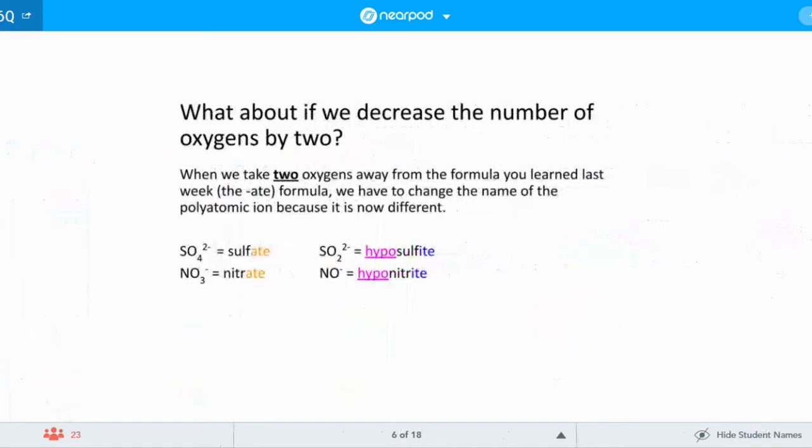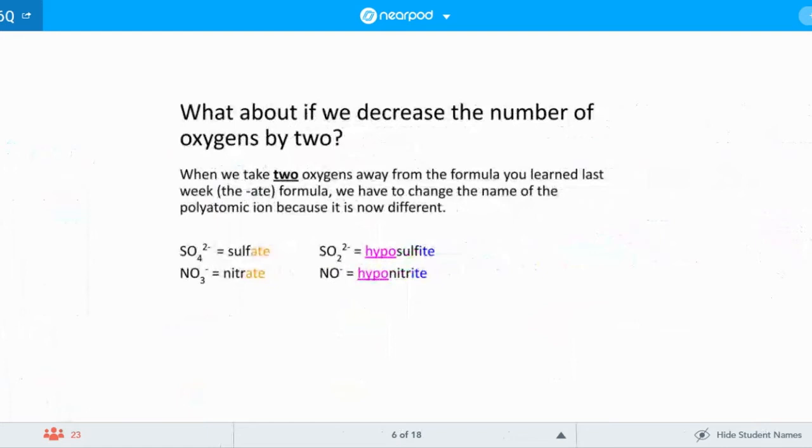So we've got hyposulfite. Same thing for the nitrate ion. If we take 2 oxygens away from that original formula, NO3-, it becomes NO- with no subscript. We've got just 1 oxygen left. And so we have to change the name to hyponitrite.